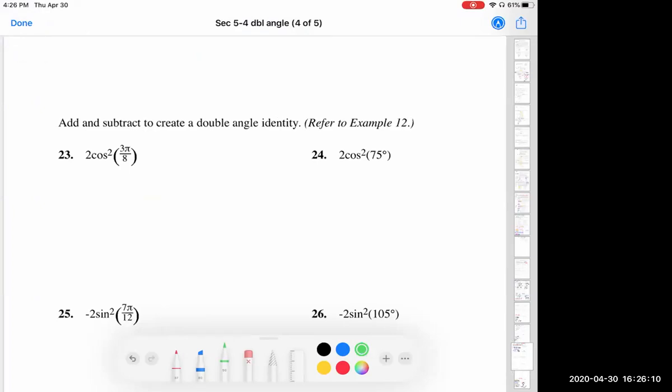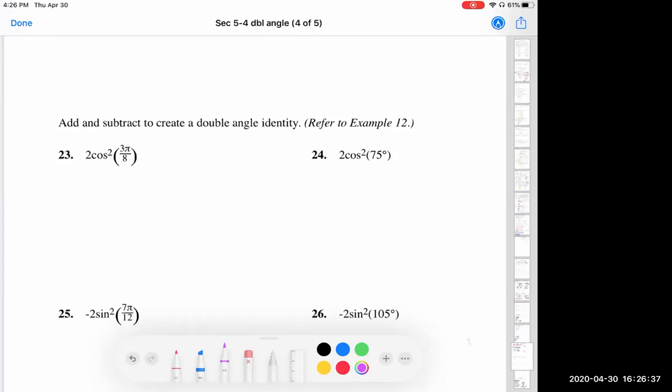Add and subtract to create a double angle identity. Okay, so we have 2 cosine squared of 3 pi over 4. All right, so I see that I have a 2 and a cosine squared. So this almost looks like, big almost, one of our cosine double angle formulas.